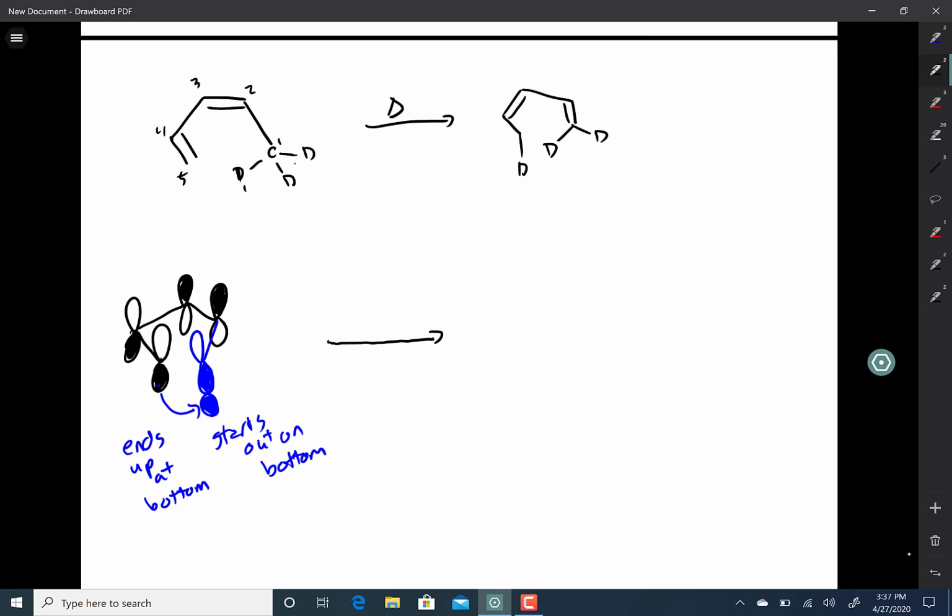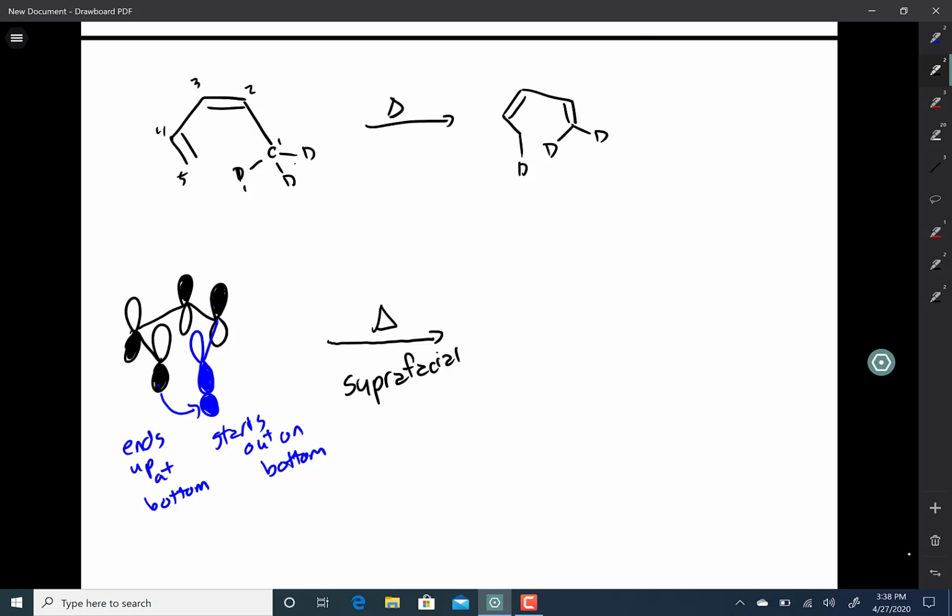So if it started out on bottom, ended up on bottom, that's a suprafacial process. And so this would be the equivalent of just moving the pen from the top of one hand to the top of the other. And if your thumbs are linked, you can still do that. It doesn't pass through that bond at all, breaking your thumbs.